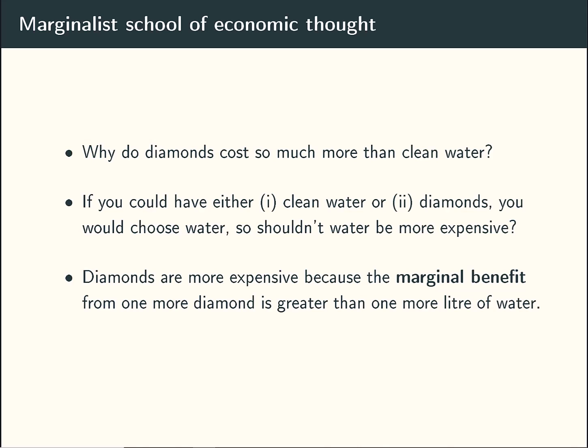But many people wouldn't mind having more diamonds, some more diamond jewelry. The marginal value people get from diamonds that look pretty and make them feel good is greater than the utility they would get from one more liter of water. Mathematically, we could say that the marginal utility of diamonds is greater than the marginal utility of water.